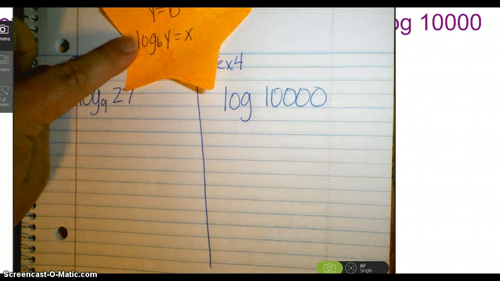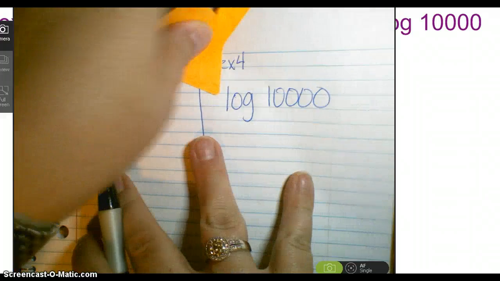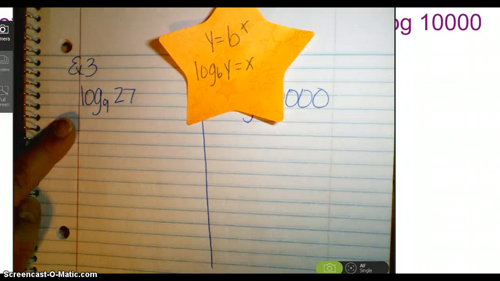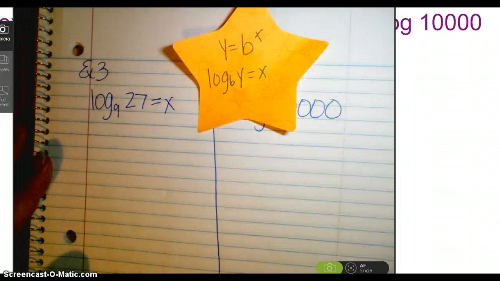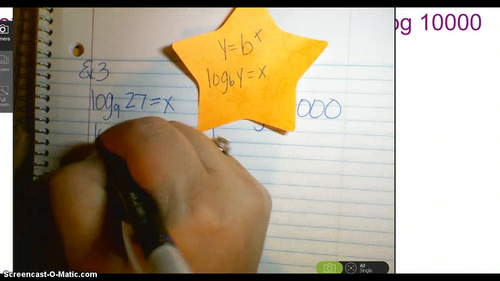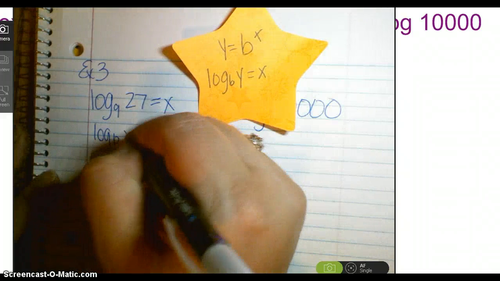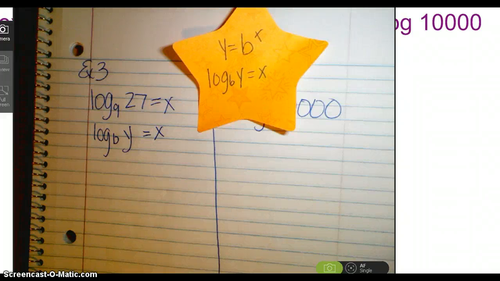Notice I still have that post-it note up here that we can deal with. But I'm going to focus first on this problem, and I'm going to have to add that equals x on the end. So if I add that equals x, I'm going to do my general log form underneath it, so I can go through and figure out what values go with what.